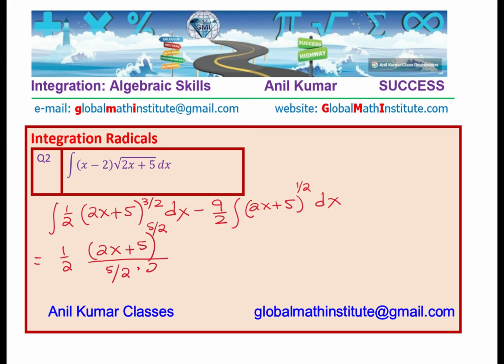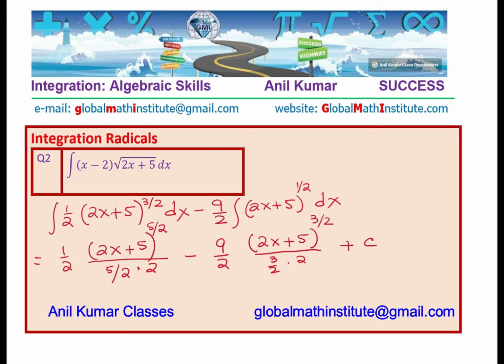So times 2. Is that clear to you? And the next term here will be 9 by 2. And here we have 2x plus 5 to the power of half plus 1, 3 by 2, divided by 3 by 2, correct? Times derivative of that is 2, right? Plus c. Make sense? So that is how we are going to get the integral.